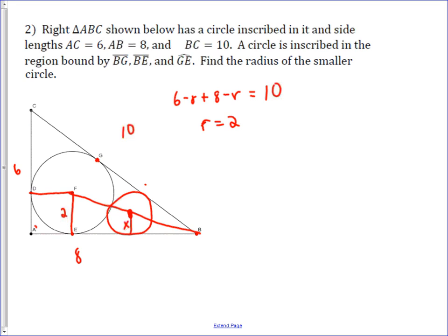Are those 3 points, the center of the circle we just drew, F, the center of the inscribed circle, and B, are they collinear to each other? And it turns out the answer is yes, because F, being the center of the inscribed circle in the triangle, must be on the angle bisector, so BF must be an angle bisector. But if we were to draw in any tangent line to our second smaller circle, we'd have a triangle that this circle is an inscribed circle of as well.